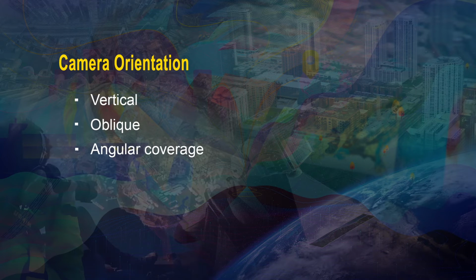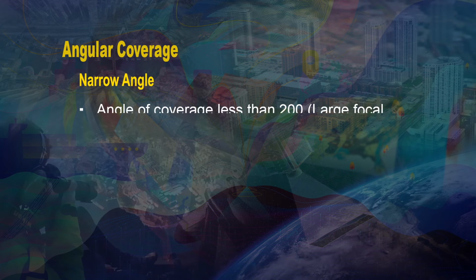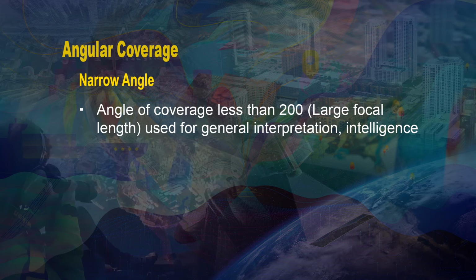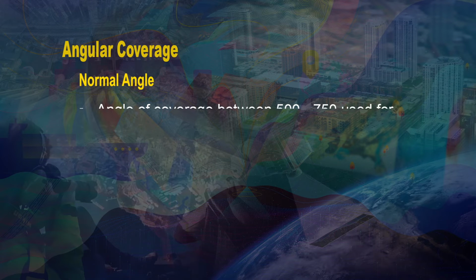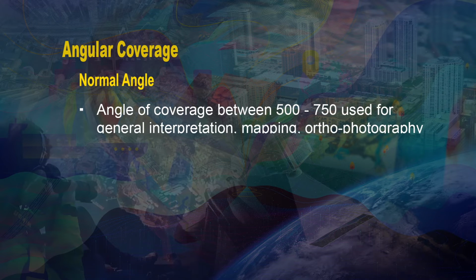Angular coverage. Angular coverage is a function of focal length and format size. Narrow angle: angle of coverage less than 20 degrees, that is large focal length, used for general interpretation, intelligence and mosaics. Normal angle: the angle of coverage between 50 to 75 degrees is used for general interpretation, mapping, orthophotography and mosaics.